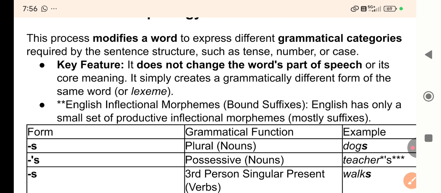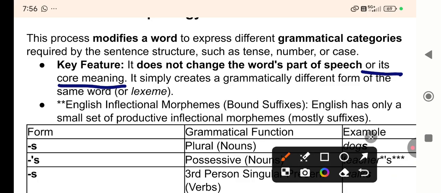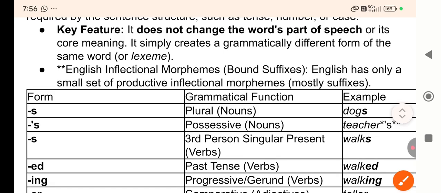This is present tense, this is past tense, but it does not change the part of speech, and its core meaning does not change. It simply creates a grammatically different form of the same word or lexeme. For example, polite or politely: polite is an adjective and politely is an adverb. So that is grammatically changed, but the meaning does not change.